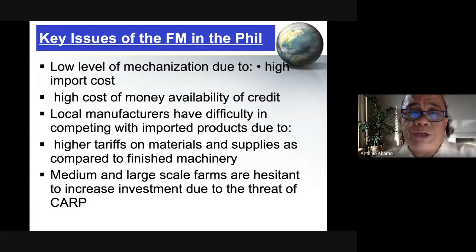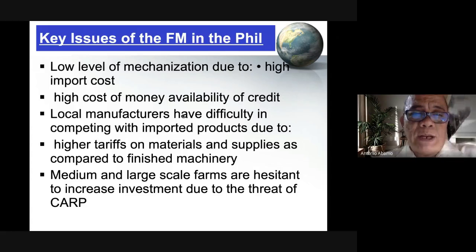In other words, with fragmented land area, it complicates the need for a specific machinery suited for such a scale. Now, there is a proposal, or even a move, to develop machines that are flexible or scale neutral, but that still remains a proposal.